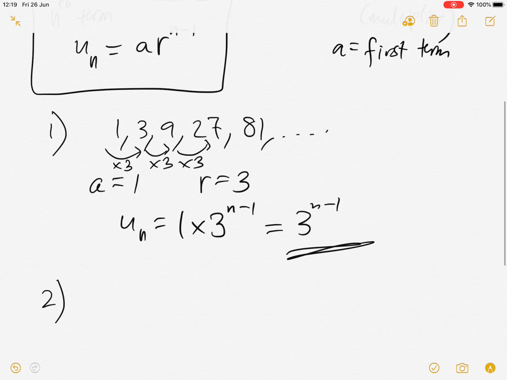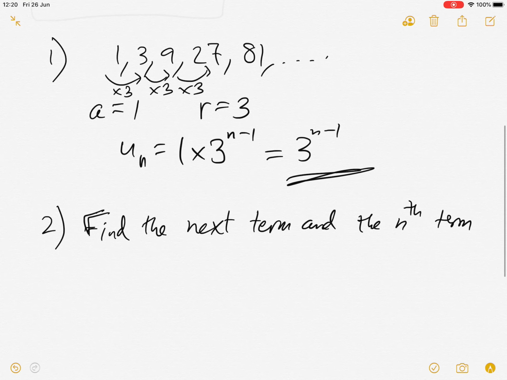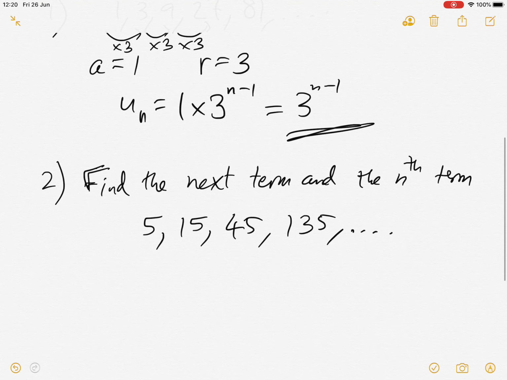And if we take a second example, here we want to find the next term and the nth term, and let's consider the sequence 5, 15, 45, 135, and so on. So now a is the first term, which is 5, and r is the thing we multiply by each time, which is 3.